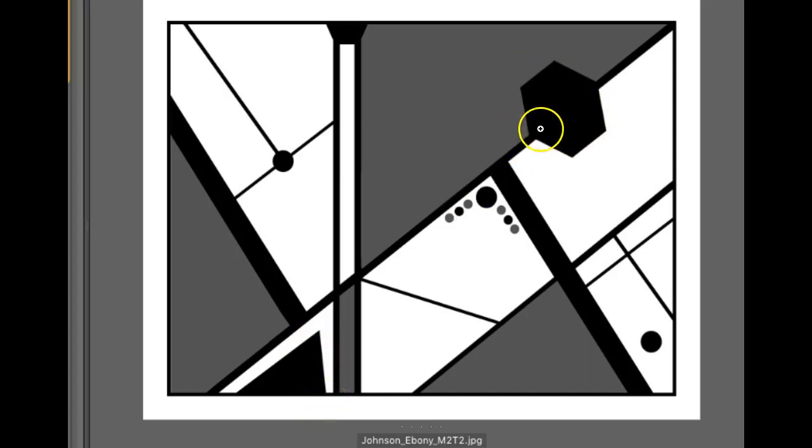Maybe with the hexagon too, I'm wondering. It seems like it got a little squished in here, which is fine, there's nothing wrong with squishing shapes sometimes, but it almost feels like it got squished and maybe wants to be more hexagonal. I don't know if it bothers me that much, but I do think it would be nice to have more.